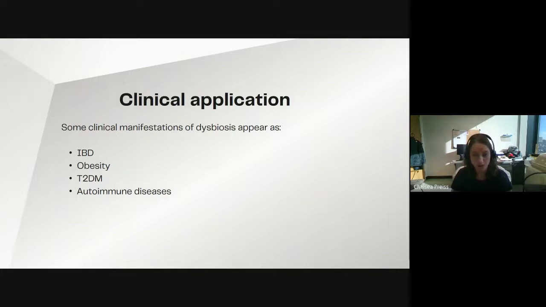Dysbiosis is also found in obesity and metabolic diseases like type 2 diabetes because these have higher amounts of lipopolysaccharides. People with autoimmune diseases like RA have altered microflora and a higher incidence of SIBO. SIBO is small intestinal bacterial overgrowth, which is an overgrowth of that pathogenic bacteria in our small intestine.